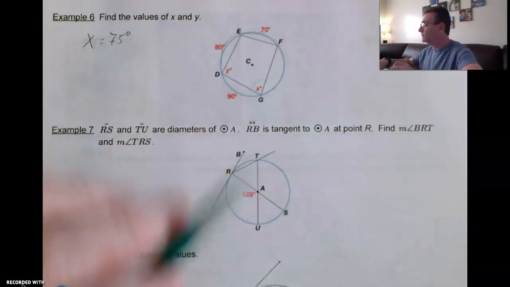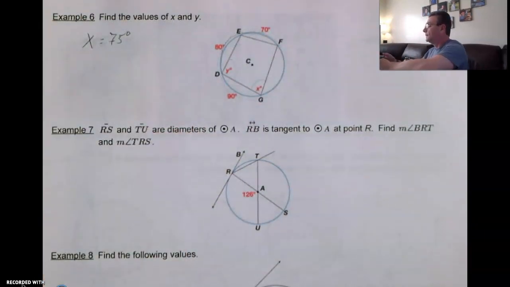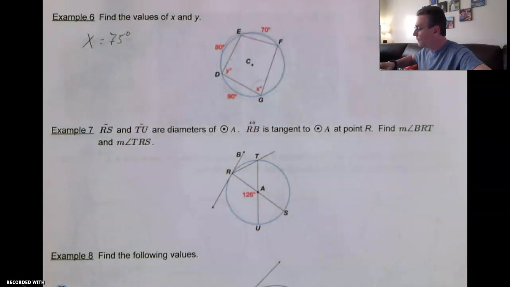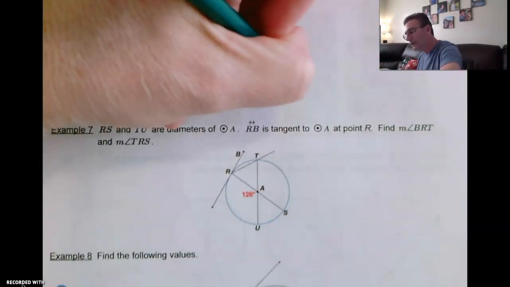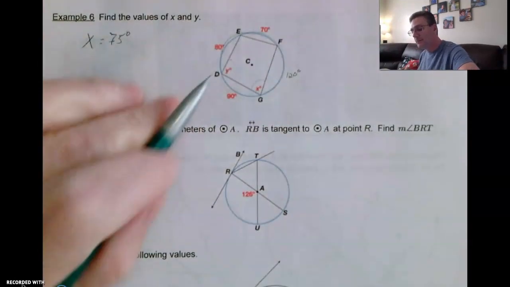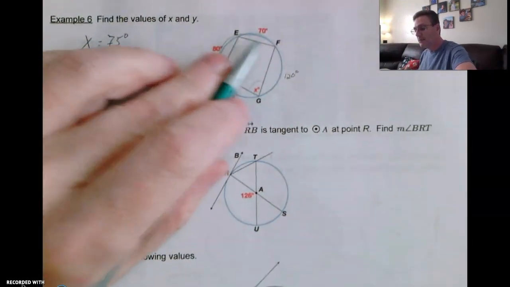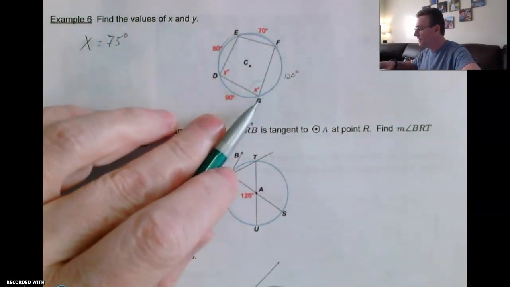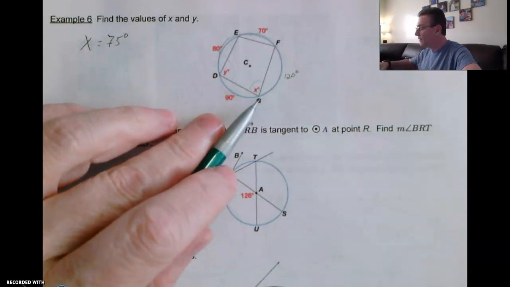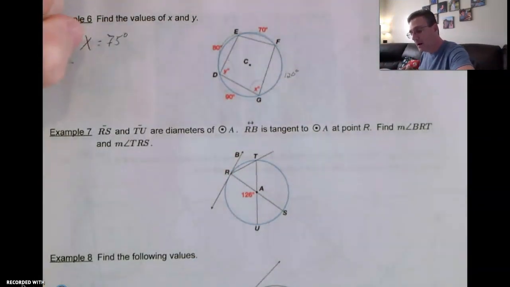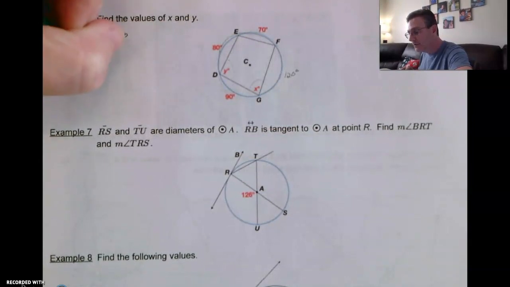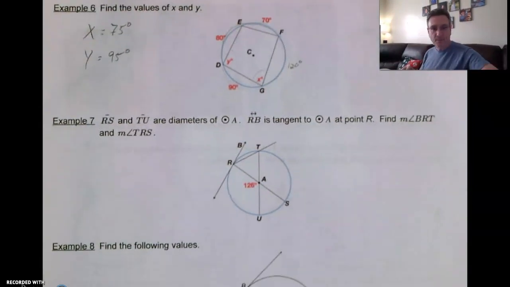So 360 minus 90 minus 80 minus 70 gives us 120 degrees. So this y is 120 plus 70, which is 190 divided by 2. Y is equal to 95 degrees.